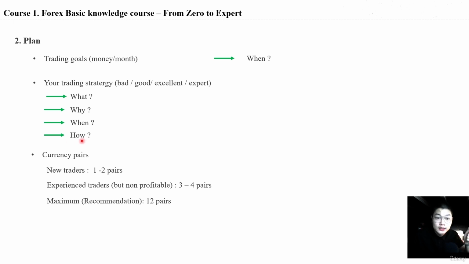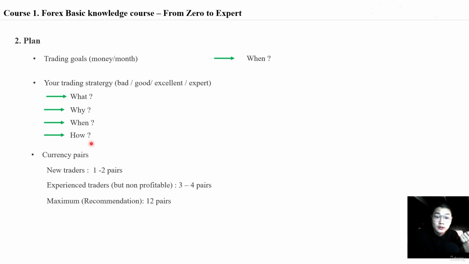And the last one, in the trading plan, you need to set how many currency pairs you can trade while you're trading. If you are a new trader, I recommend you only trade 1 to 2 major pairs.